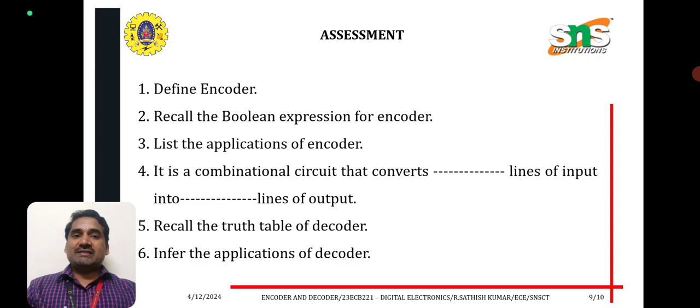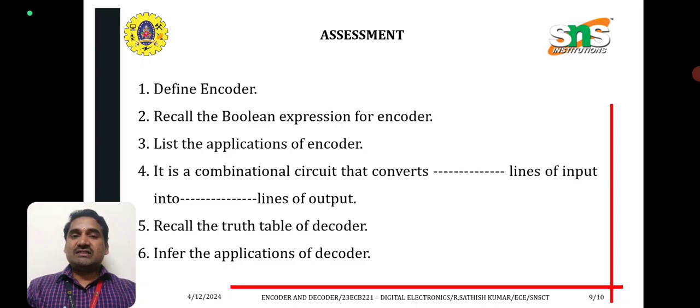A decoder is a combinational circuit that converts n lines of input into 2 power n lines of output. Recall the truth table of the decoder, which consists of 3 inputs and 8 outputs, the 3 to 8 decoder. The 3 inputs are X, Y, Z, and the outputs are D0 to D7.